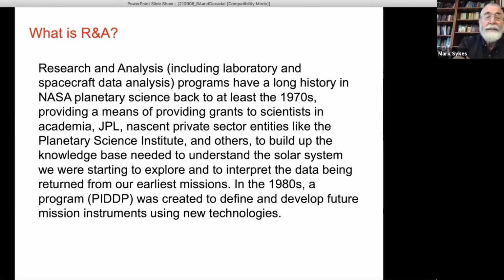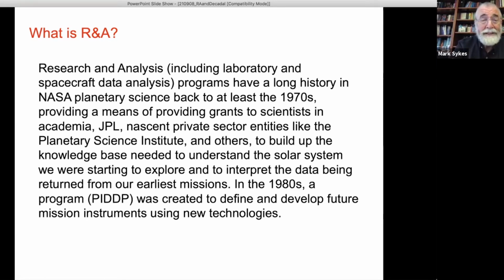So what is RNA? So let's see, our RNA, including laboratory and spacecraft data analysis programs. They've had a long history in NASA going back to at least the 70s, providing a means of providing grants to scientists in academia, JPL, nascent private sector entities like PSI and others.